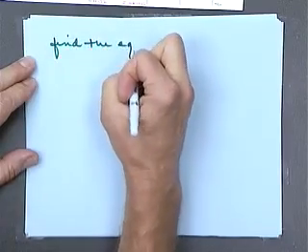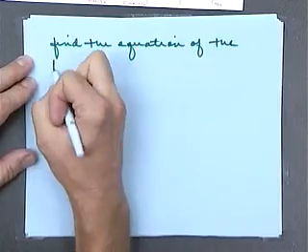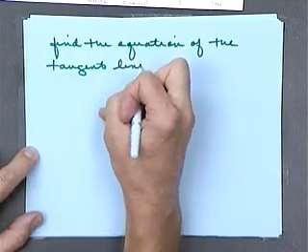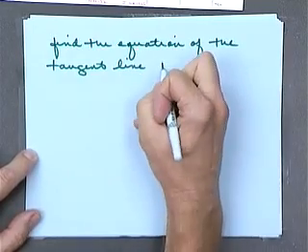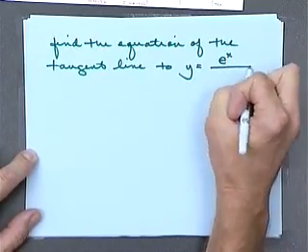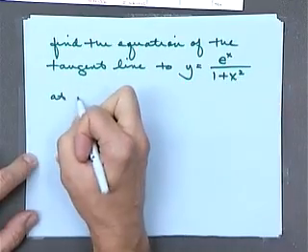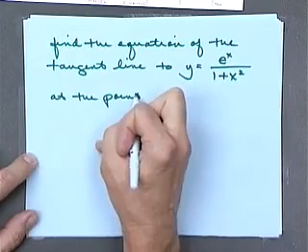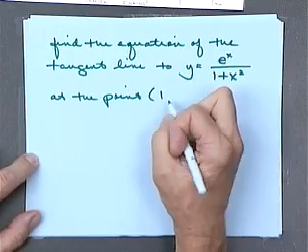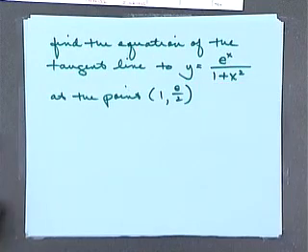Find the equation of the tangent line. I think that's the WebAssign question we're going to do too, is similar to that. To this curve at a specific point, the point being on this curve, 1, comma, e over 2.